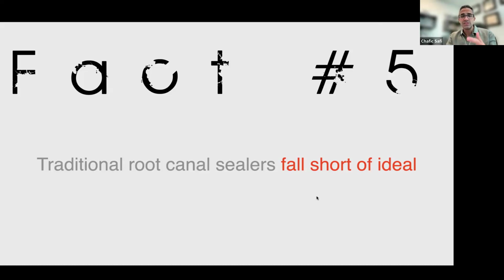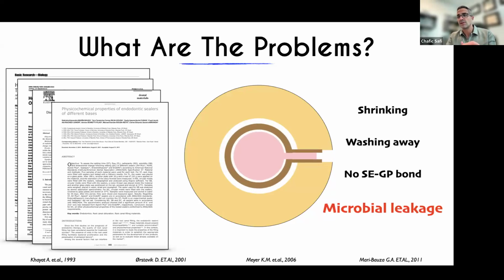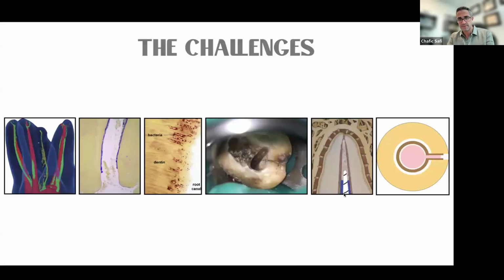Our traditional sealers, based on calcium hydroxide or resin or epoxy, tend to shrink with time, they tend to wash away, and they don't have any interaction with the dentin, so there's no bond, eventually everything leading to microbial leakage and the recurrence or persistence of the periapical disease or of our endodontic disease. And so these are the 5 challenges that we're encountering, and these challenges could lead us to a failed endodontic case, as I showed you at the beginning of this presentation.